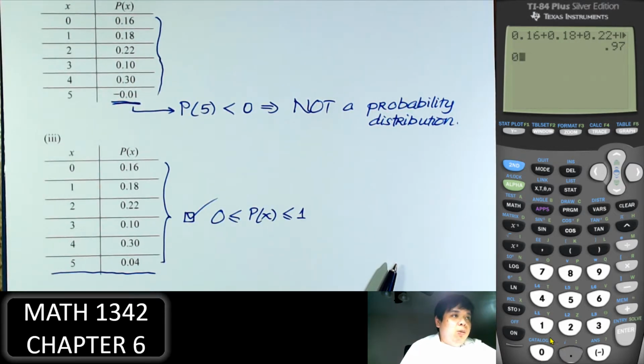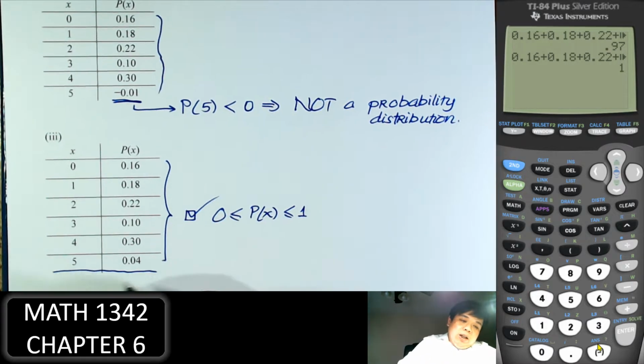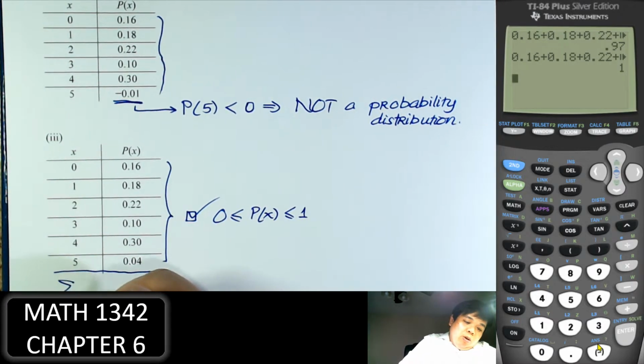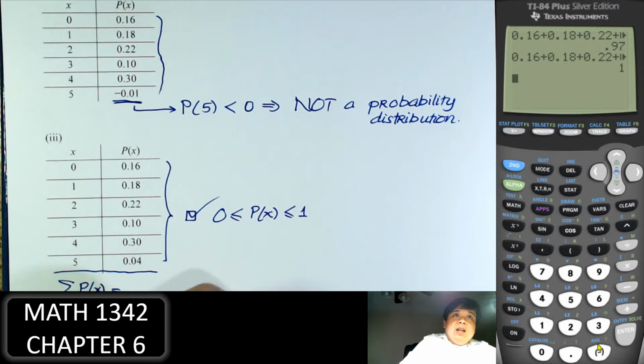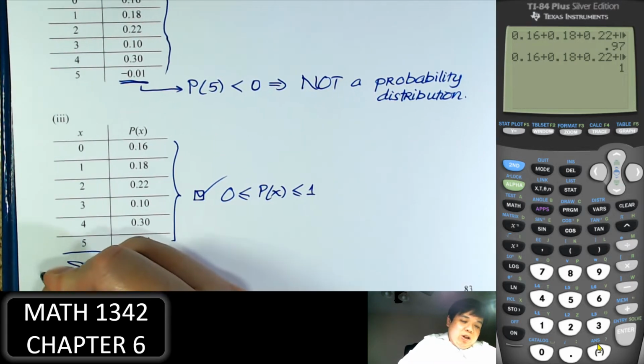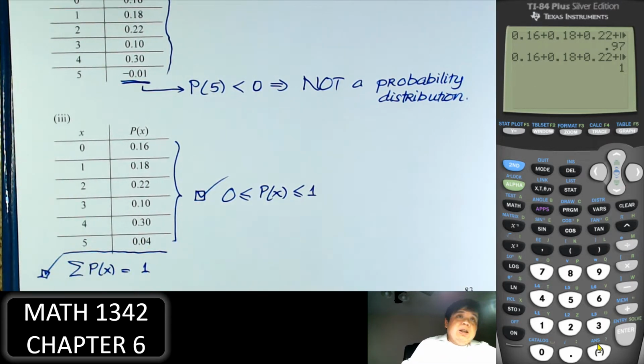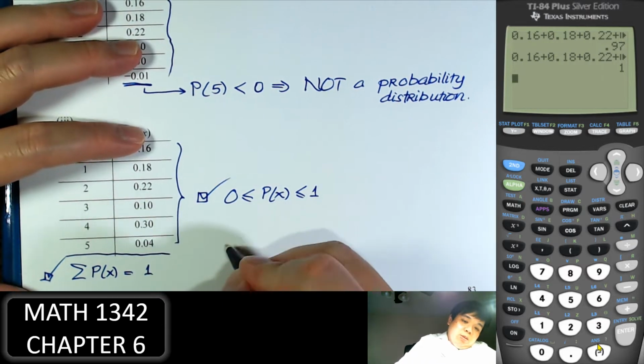So 0.16, 0.18, 0.22, 0.1, 0.3, 0.04 is equal to 1. So the sum of all the probabilities is equal to 1. So this one checks. So we have both of them. So this is a probability distribution.